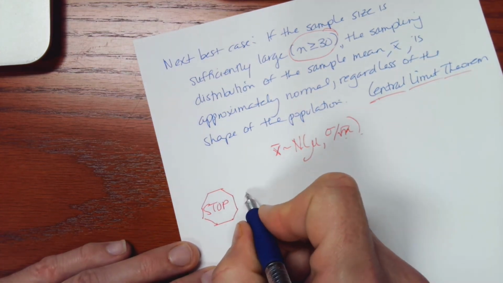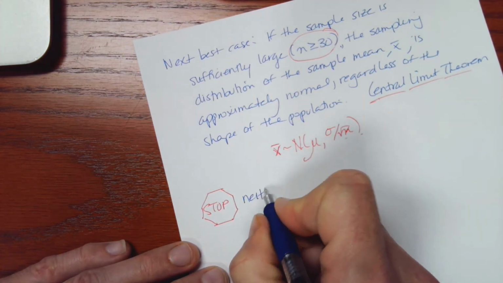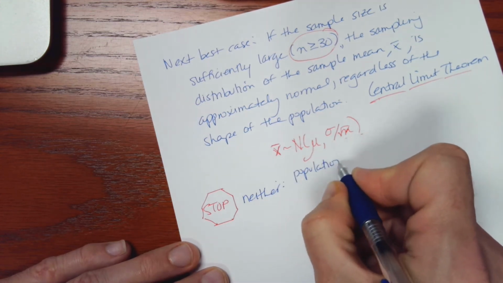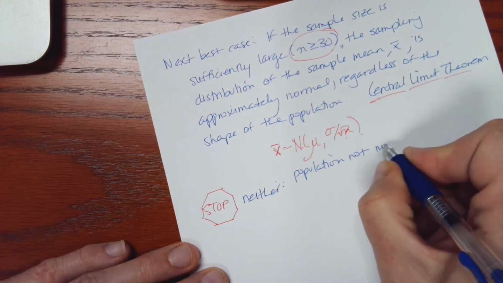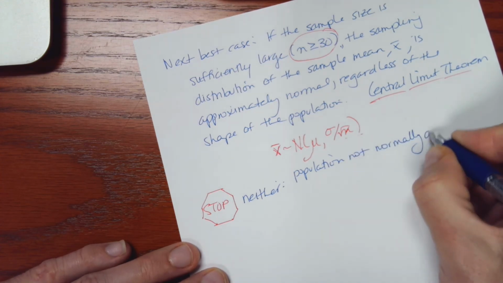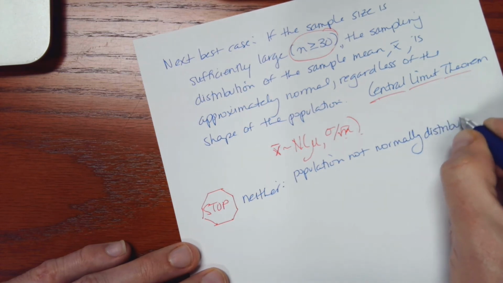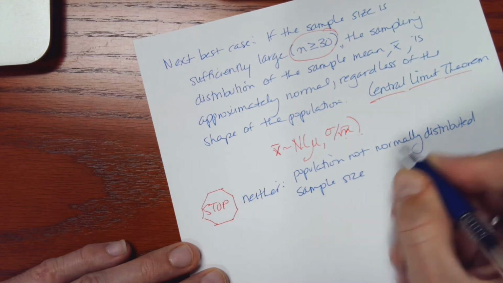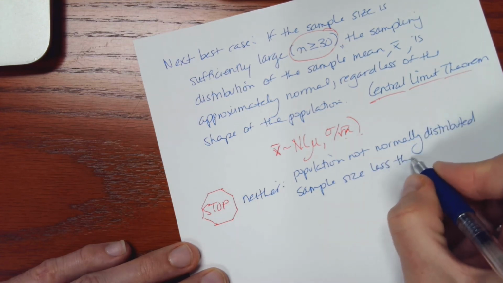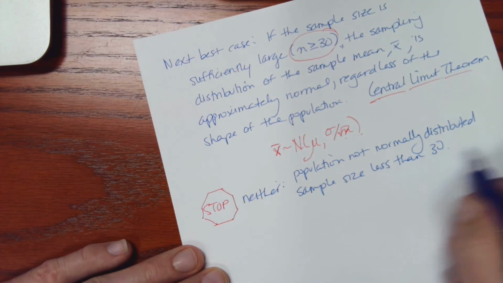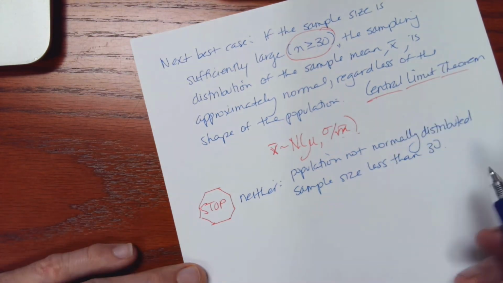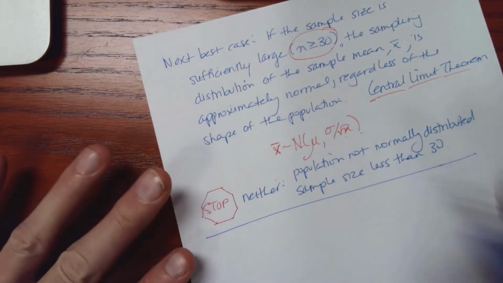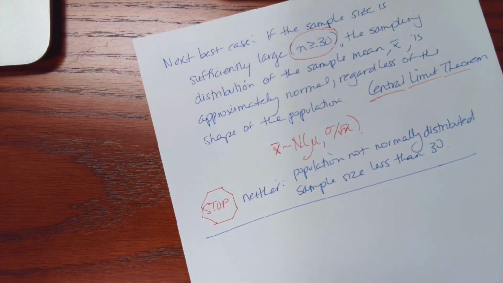So this would be neither: the population is not normally distributed, and your sample size is less than 30. There are other techniques that are beyond the scope of this lesson and video, so we would just end there.